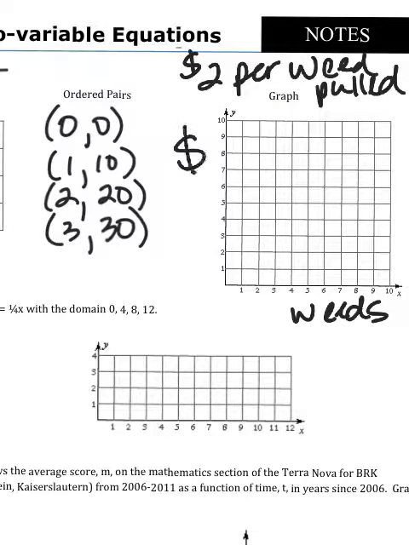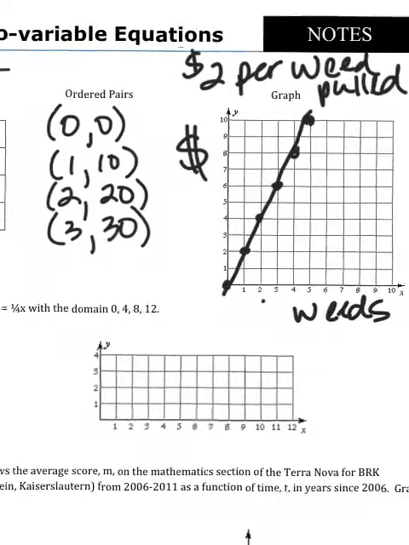This would be the money that you make, right? So if I pull one weed, I'm going to make $2. If I don't pull any weeds, I make no money. If I pull 2 weeds, I get $4. 3 weeds, I get $6. 4 weeds, I get $8. 5, I get $10, right? And I can connect those dots, and now I've graphed that function.